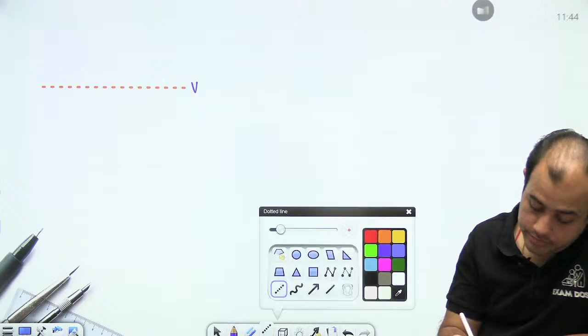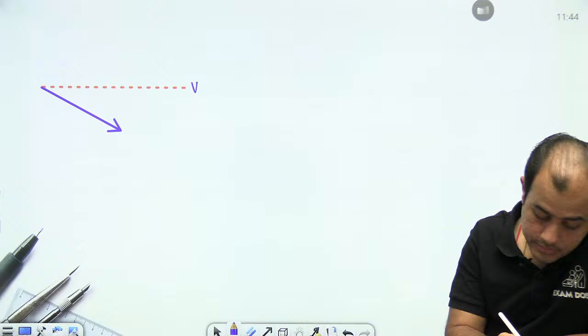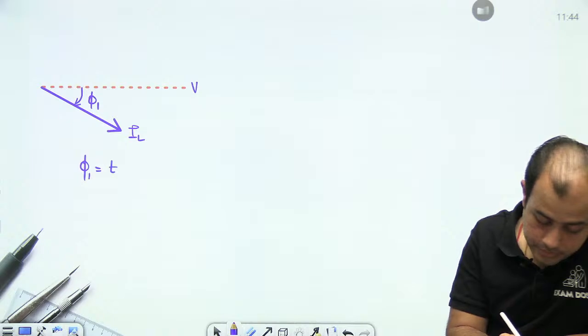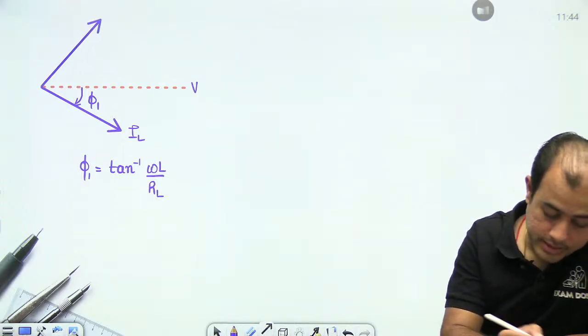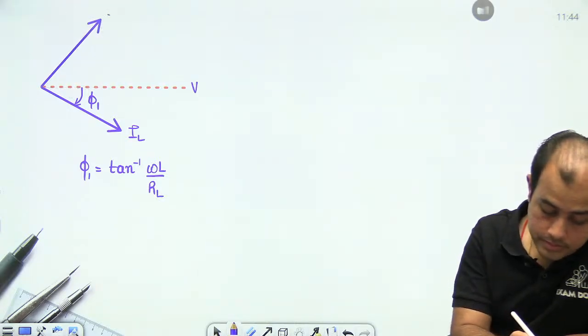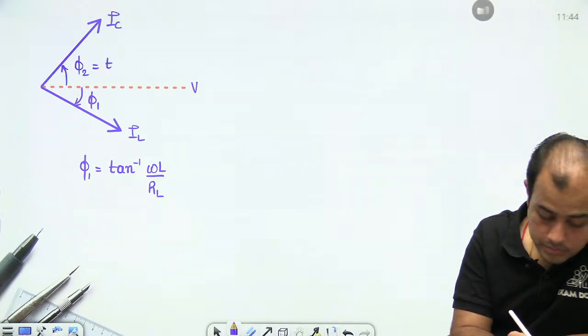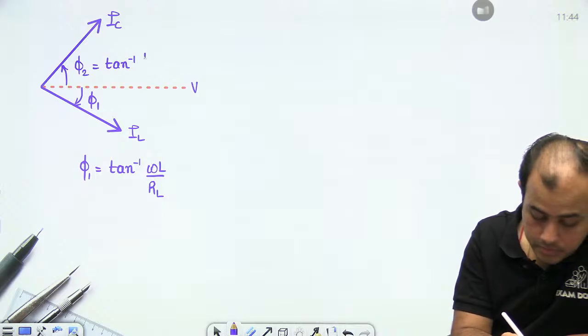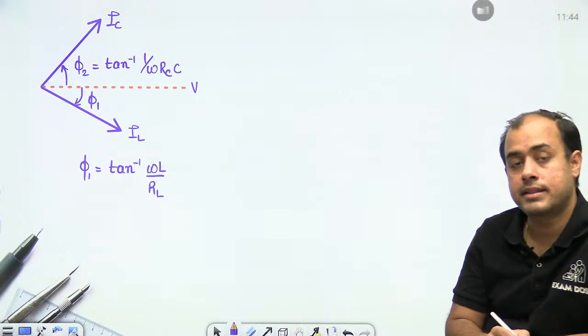This is my voltage. The current in the inductive branch will lag the voltage by phi 1. The current in the capacitive branch will lead. This is the impedance angle.